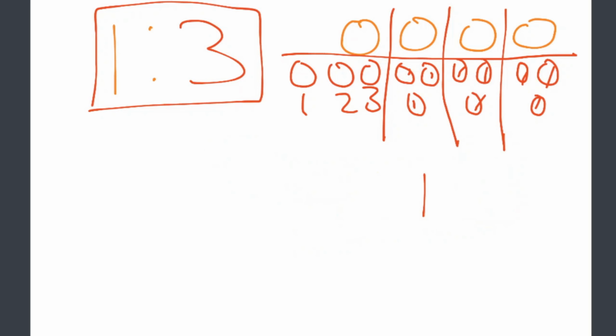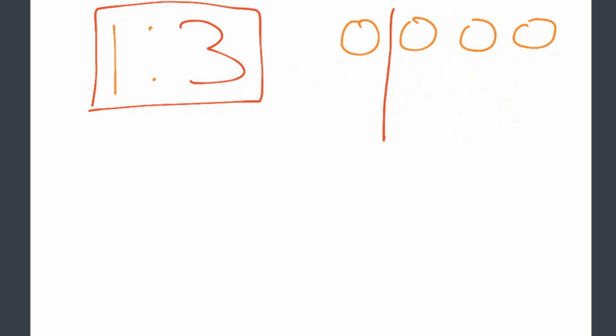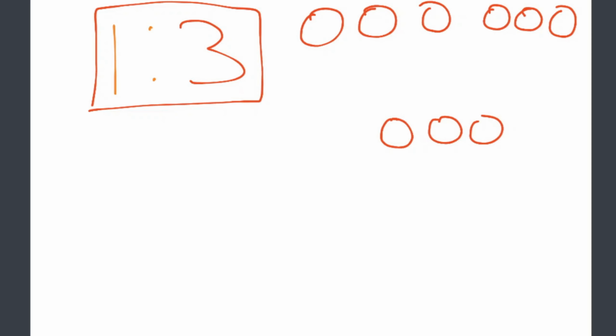But now let's say we knew that we had 9 total apples. So let's draw those. Let's say we had 9 apples. Now let's find how many oranges we would have. In the ratio, we know for every 3 apples, we have 1 orange.